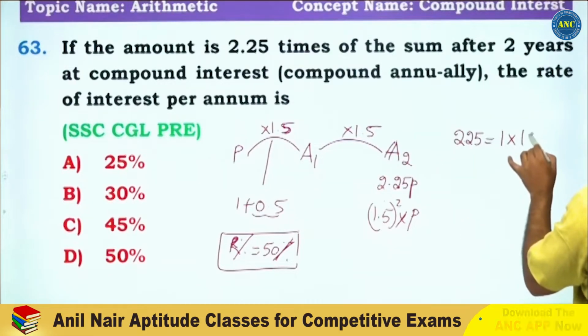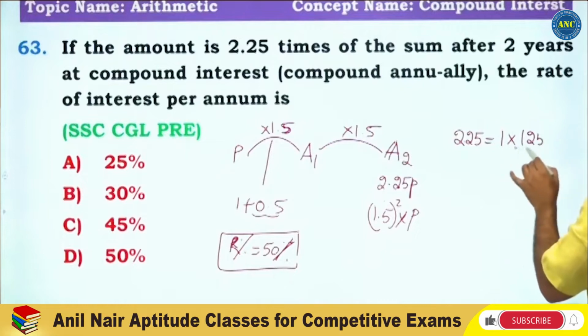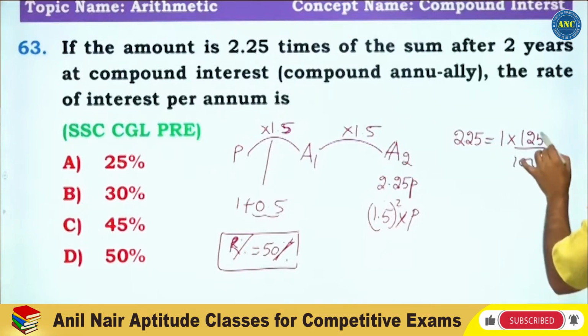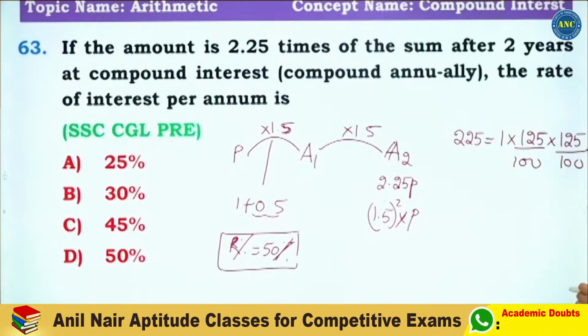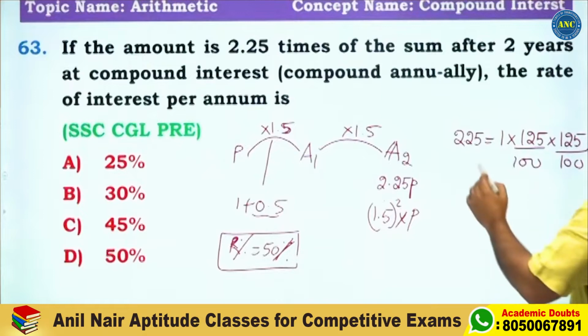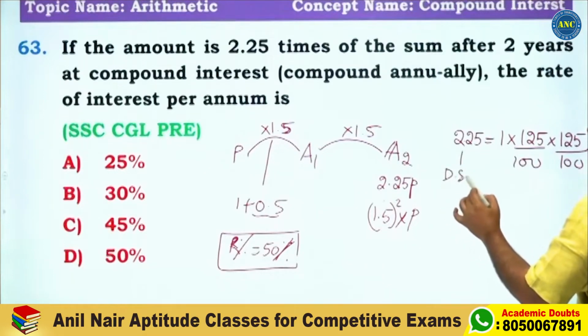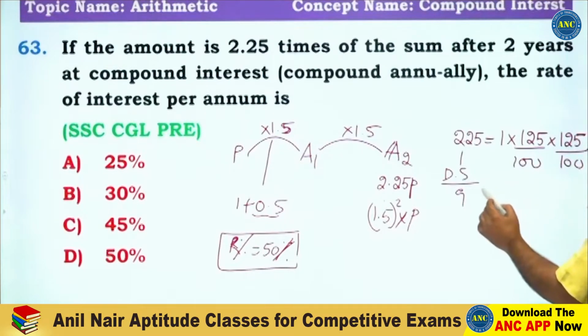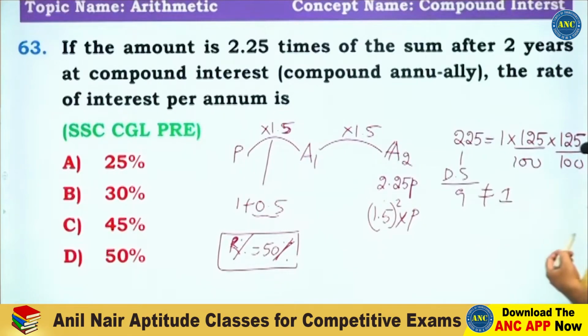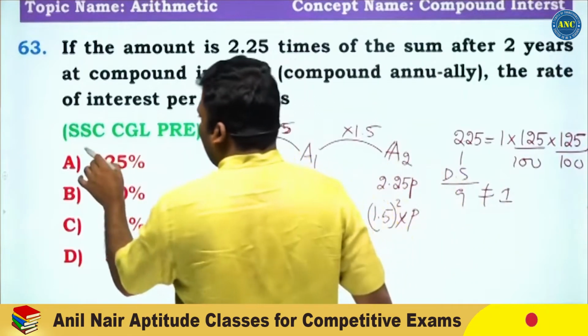If I take 125%, on 100 there is an increase of 125. 2.25 digital sum is 9. Here 125 digital sum is 8. 8 8s are 64, it is 1. 9 is not equivalent to 1. First one, it is out.